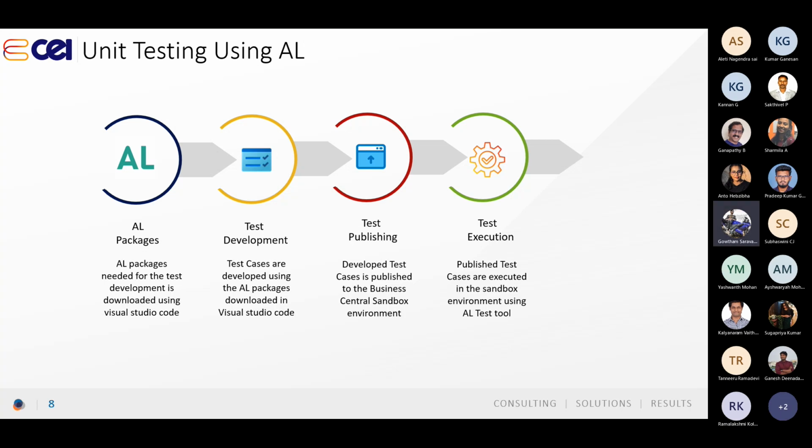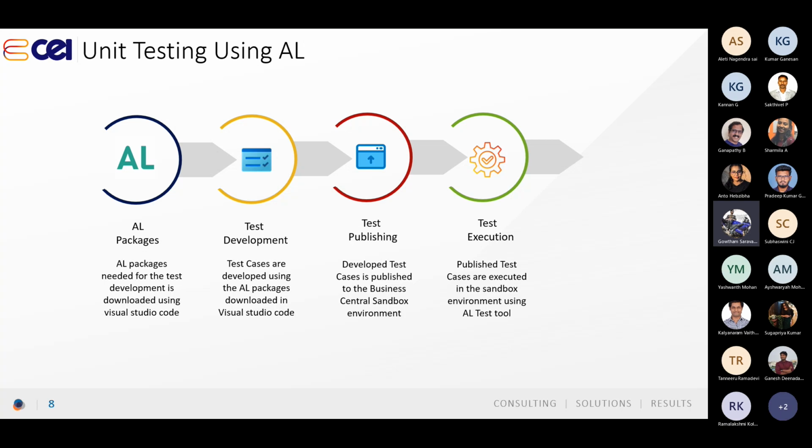Okay. Coming to unit testing using the AL test tool, it contains four things. In both development and testing, we should download AL packages, and the difference is that in development, only the base application will be downloaded. But in this testing phase, along with the base application, if you are developing a feature for the application, you have to develop it as an extension and publish it as an app, right?